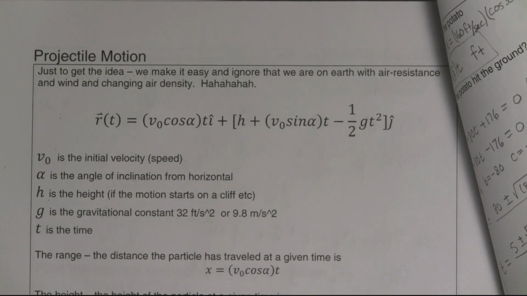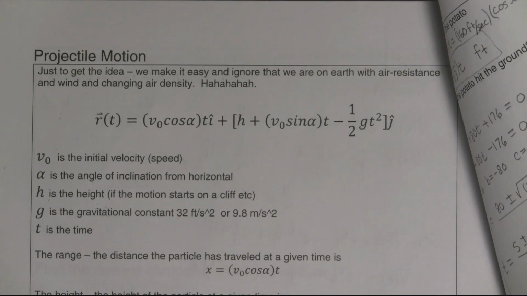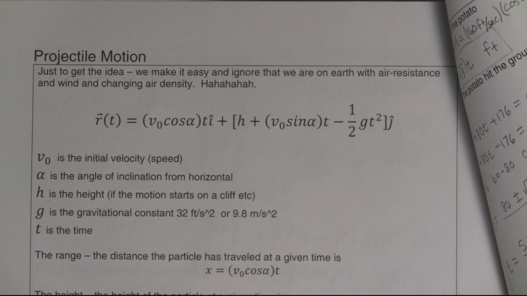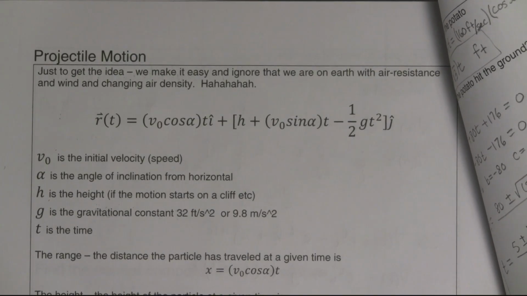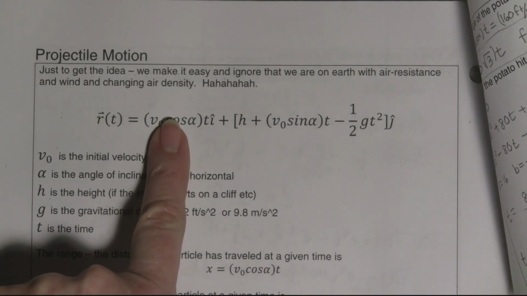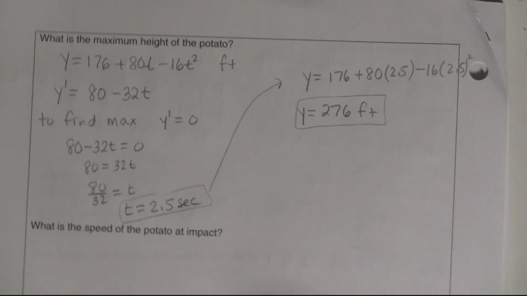And so we'll be able to plug in, because impact happens at 6.7 seconds, 5 plus the square root of 69 over 2. Okay, so that's what we're going to do. Now we know what x is, and we know what y is, so we're going to put that right here.